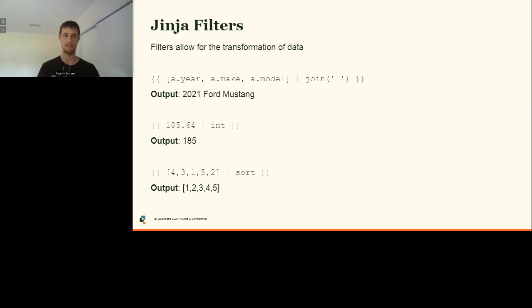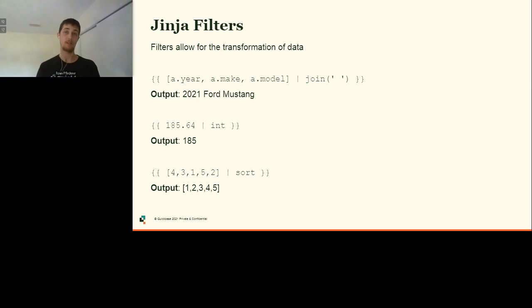In this case, at the top, we've got an array of a.year, a.make, a.model, and we're going to join those with a space. And we see that it prints out a string of those three values with spaces in between them. The second one down, we're taking a value that is a float, so it's got decimal places.